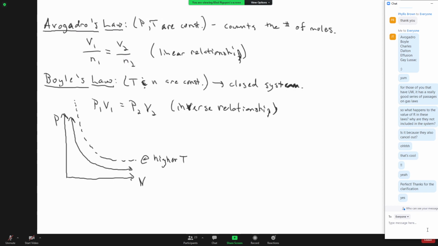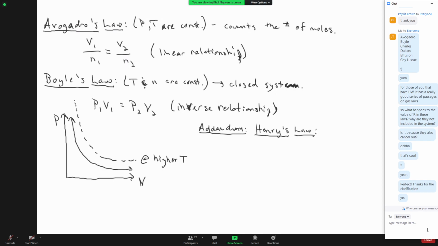So gas volume lowers, right? Then there's an addendum and a sub-law that happens when you're diving, and that's called Henry's law. So let's go over Henry's law.